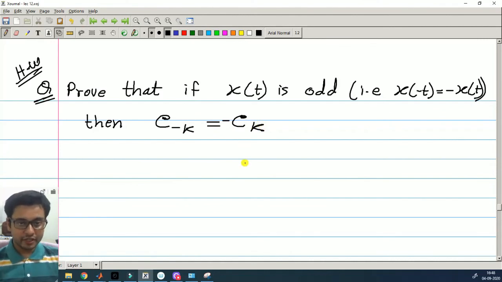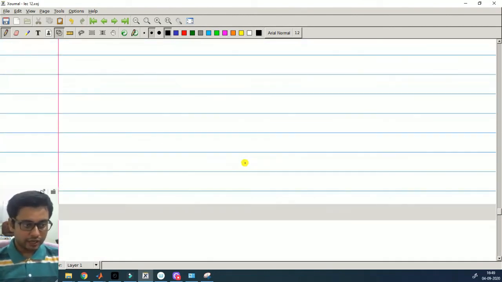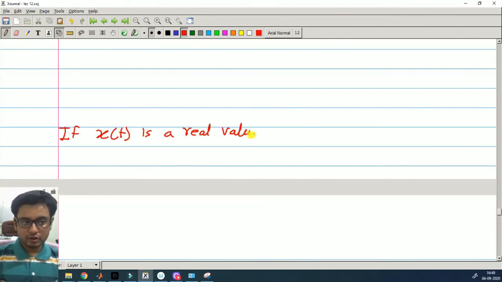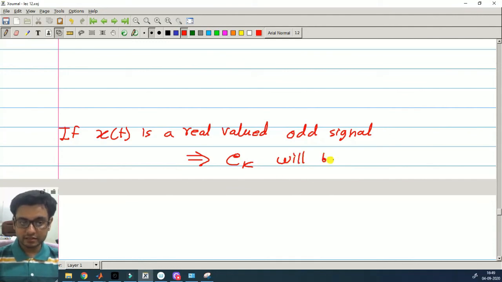And from this you should also show that if x(t) is a real valued odd signal, then Ck will be purely imaginary.